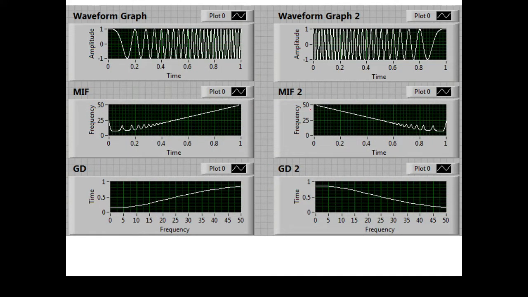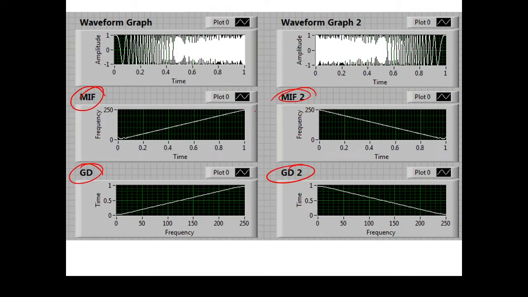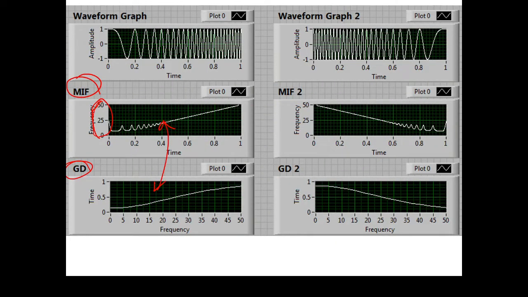The problem arises when your frequency component is reduced. When there is a reduction in the frequency component, the mean instantaneous frequency and the group delay curves are not representing the same thing. In the previous case it was the same, however over here it is not.